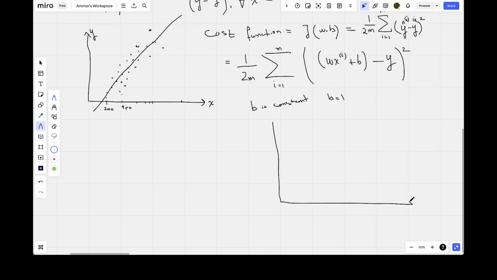So if you plot the function J with respect to w, let's say this is the w axis and this is J of w, you'll see that this is a convex curve, which means this will always have a minima.